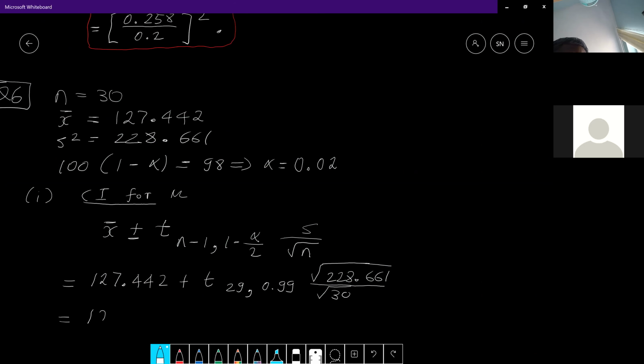You get 127.442 plus or minus 2.462 times the square root of 228.661, divided by the square root of 30.